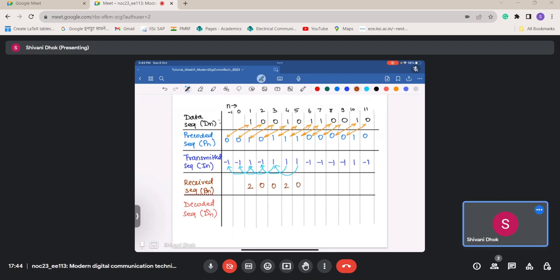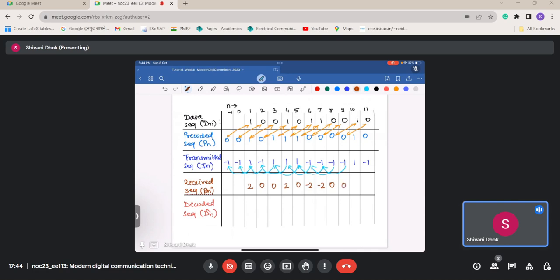One minus 1. Then we have -1 minus 1, so this comes out to be -2. Again we have -1 minus 1, so this comes out to be -2. Then we have -1 minus 1, this comes out to be 0. Then we have -1 minus 1, this comes out to be equal to 0.